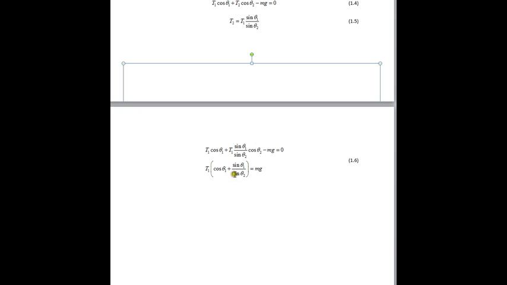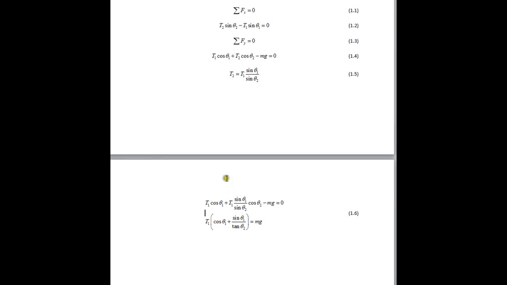So we end up with an expression like this for T1, and then if we solve for T1, we can go back to equation 1.2, or rather equation 1.5, to evaluate T2. So without putting any numbers here, that's how it works out. So that's the end of the example.